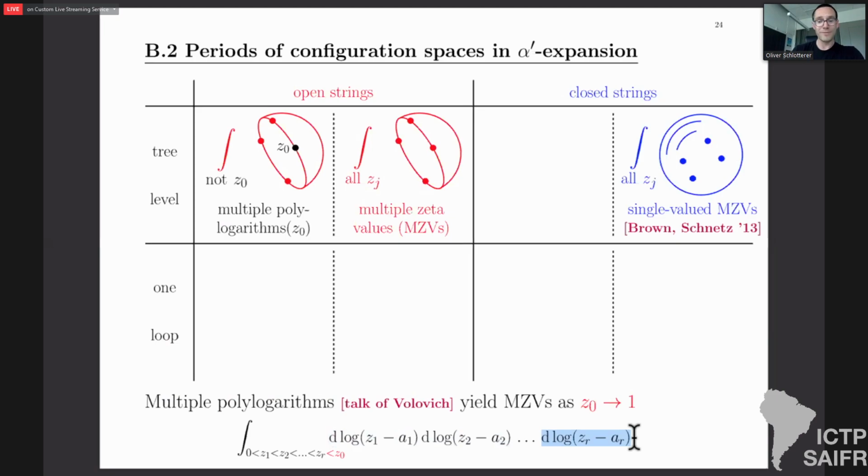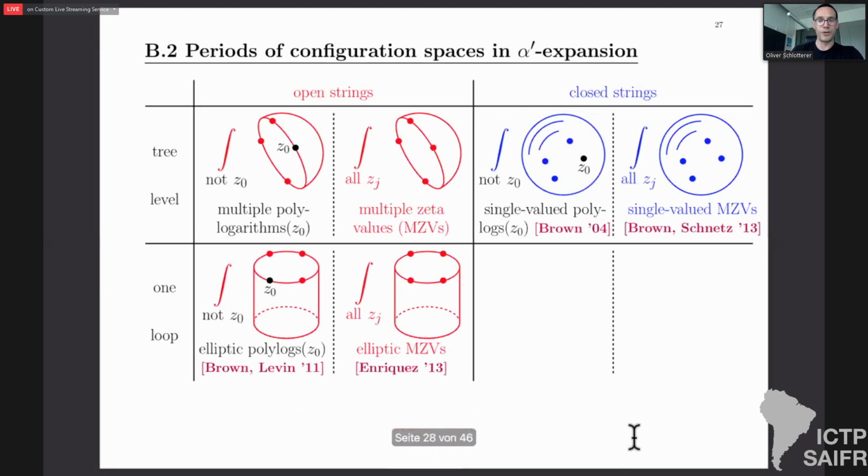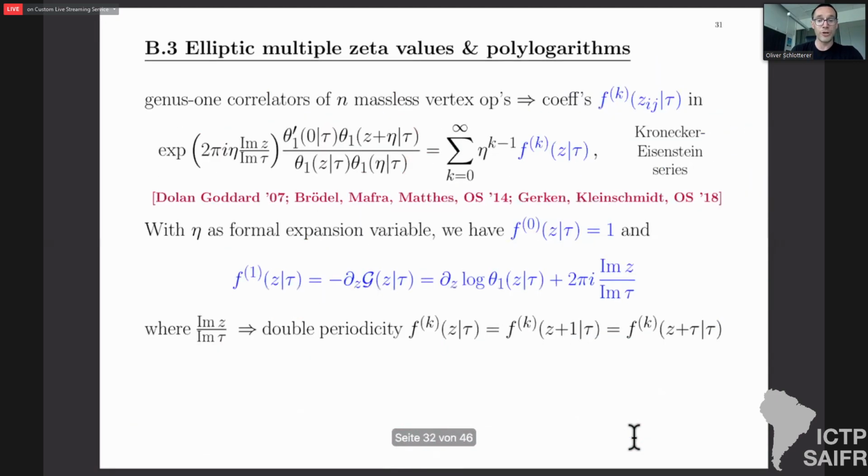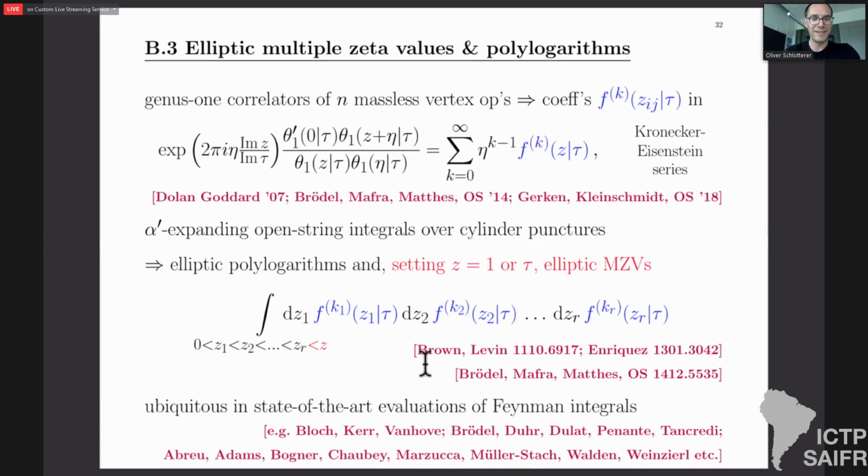Now at genus 1, you need to find an analog of D-log, which is tailored to the torus instead. And the genus 1 version of D-log is in fact an infinite number of integration kernels Fk that can be nicely generated from this Kronecker-Eisenstein series up here.